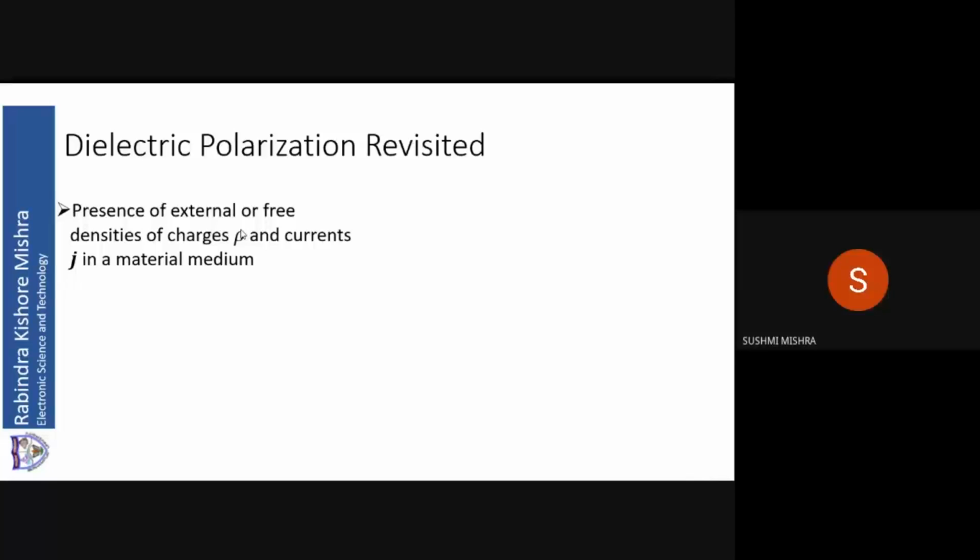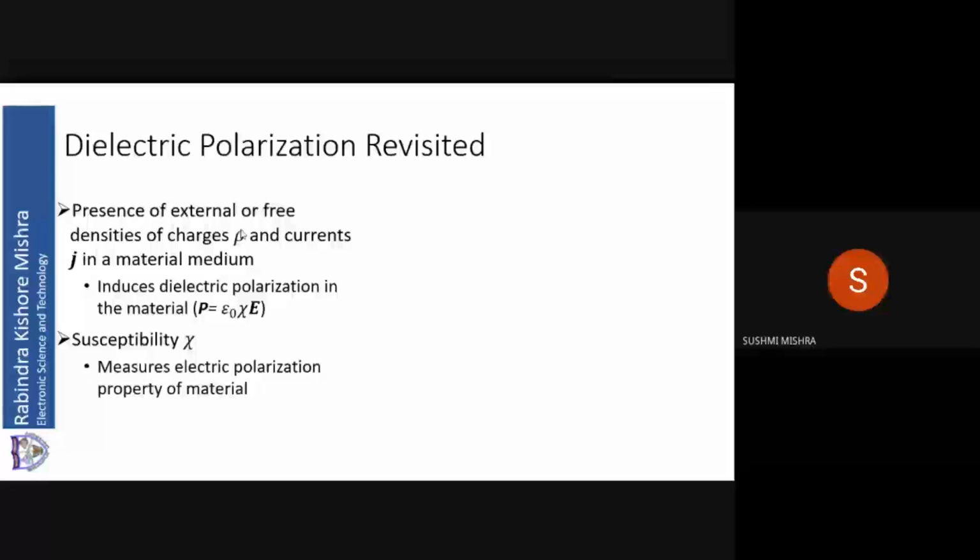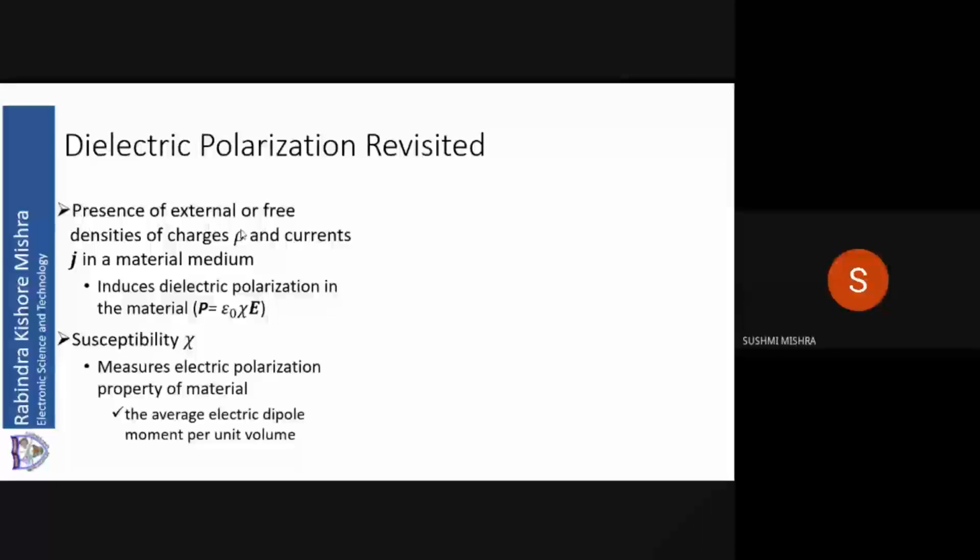This induces dielectric polarization. The polarization is given as epsilon 0 xi into E, where xi is called the susceptibility. So what is this susceptibility? That also you have studied, that this is a measure of electric polarization property of the material. So this is the average electric dipole moment per unit volume.